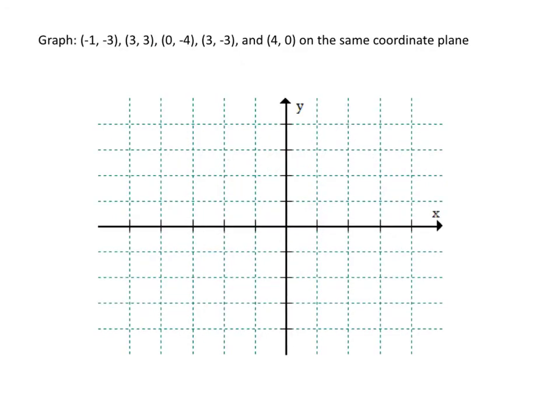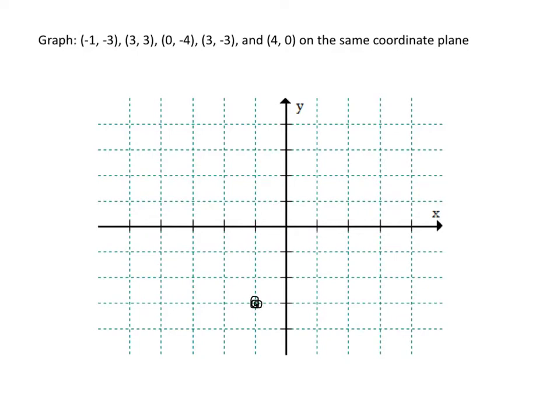We're going to start with something insanely easy, plotting points, just to make sure we're all on the same page. So if we start with -1, -3, that means we go -1 on the x, -3 on the y. So there's my point.